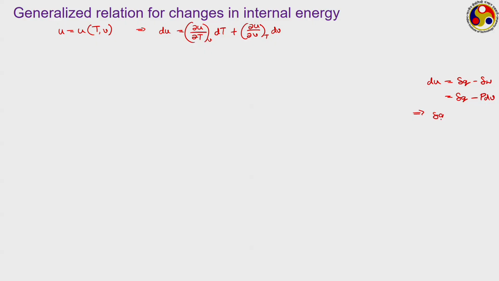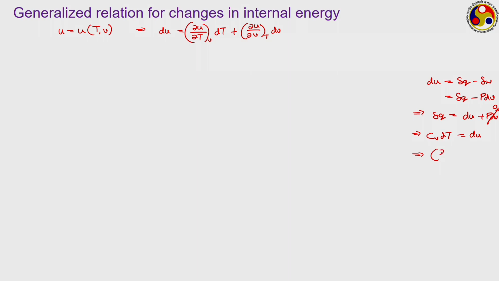If you separate out δq from there, δq will be du plus P dV. And if we are talking about a constant volume process, then there is no moving boundary work, which is equal to 0, which gives δq equal to du, and δq during a constant volume process can be represented as Cv dT, which will be equal to du.